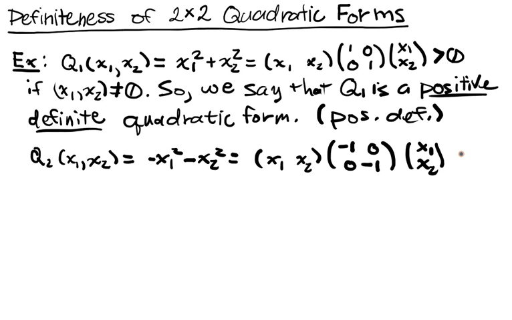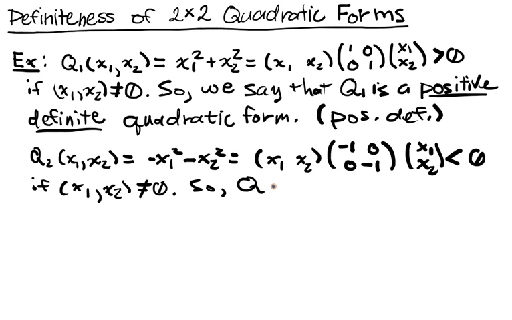Well, you can note that this is always less than 0 if (x1, x2) does not equal 0. So Q2 is negative definite, neg def.